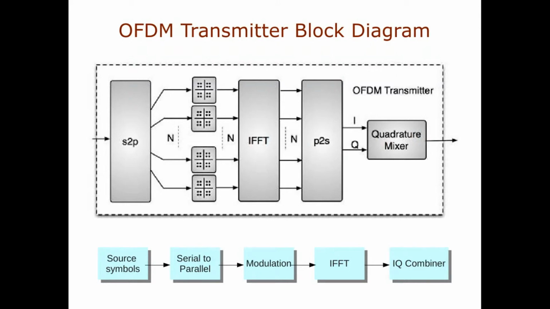OFDM stands for orthogonal frequency division multiplexing, and it is a multiplexing technique where we convert a time domain signal into its frequency domain so that it can tolerate the errors and the frequency changes that are produced due to the frequency selective nature of the multiple access channel or your multipath channel.